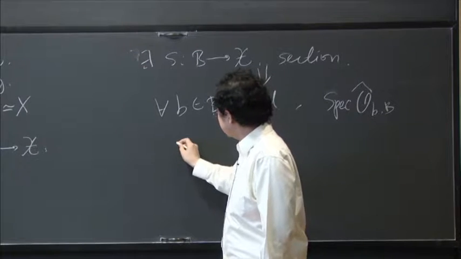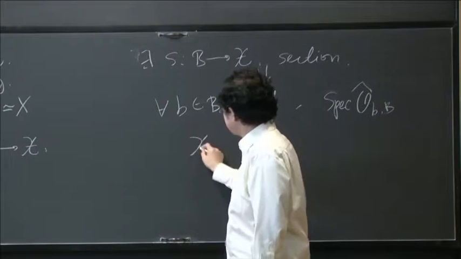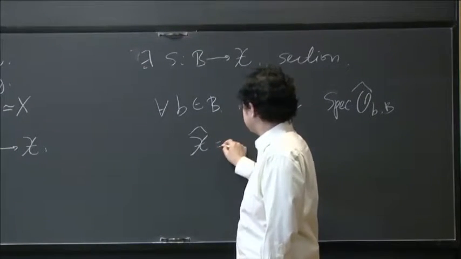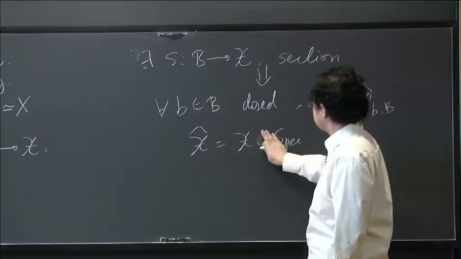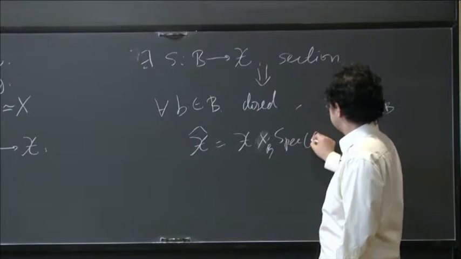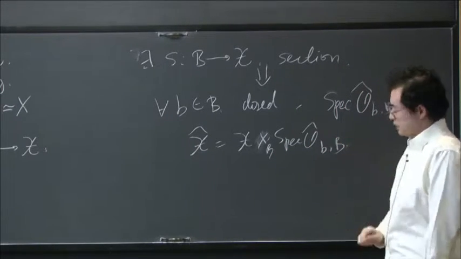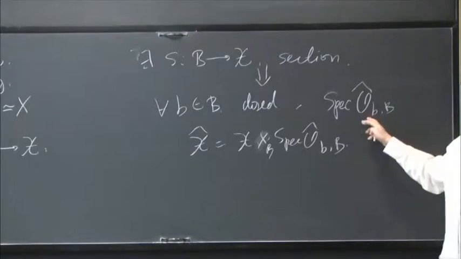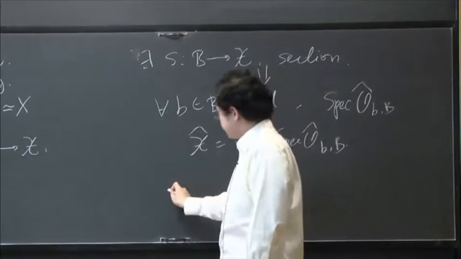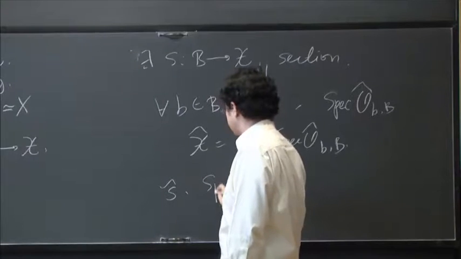So I get X restricted to the spectrum of this completion. Then if you have a section, of course, you can restrict the section to the spectrum. And that gives you a formal section.